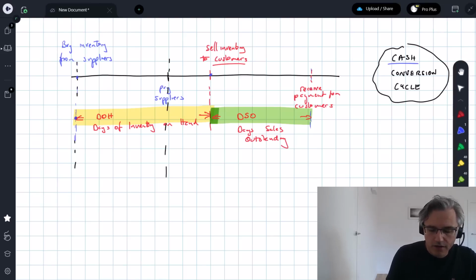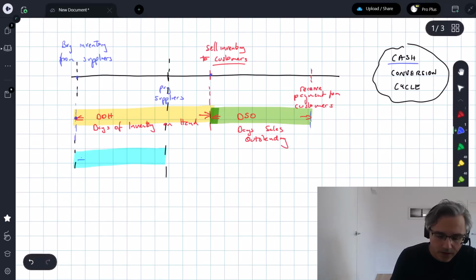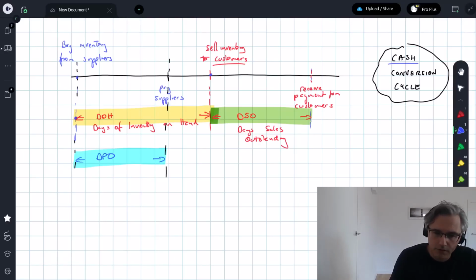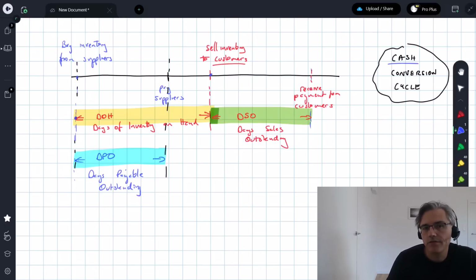So over here we will have another period of time, this one called DPO, which stands for Days Payable Outstanding, and this measures the average amount of time between the purchase of supplies, inventory items from our suppliers, and when we actually settle with our suppliers.